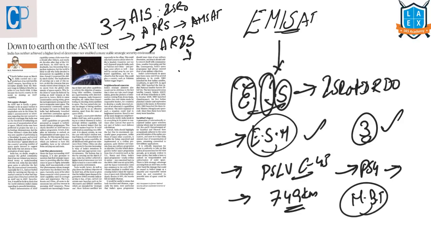This is from Indian Institute of Space Science and Technology. This automatic identification system developed by ISRO is for maritime applications, whereas this automatic packet repeating system developed by AMSAT is to assist amateur radio operators, and this advanced retarding potential analyzer for ionospheric studies is for atmospheric studies.